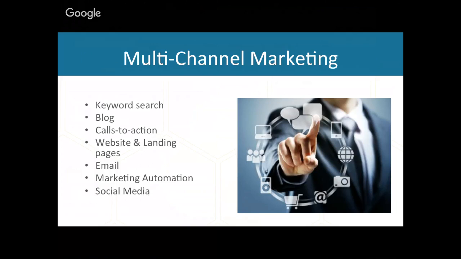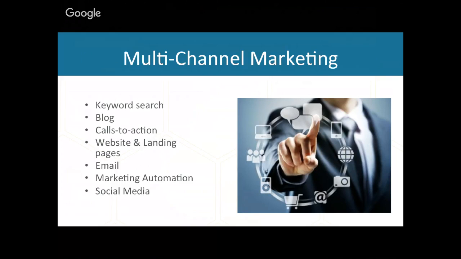And then to follow that up with email and marketing automation to continue to engage with folks with a little bit more helpful content, a little bit more detail. And then, of course, rounding all of that in social media.